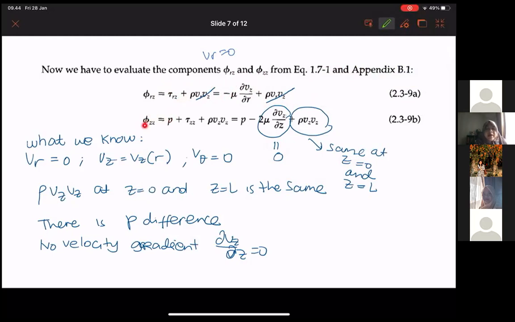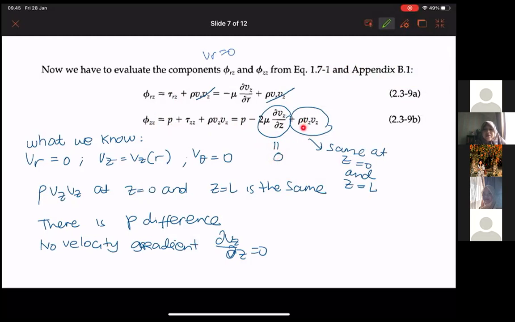Okay, and then the one over here, from Wednesday, we know that CZZ is equal to the pressure, and then tau ZZ plus rho VZ VZ. We know the P, and the P is a function of Z, so we don't eliminate the pressure. Then minus tau ZZ, which is minus rho dVz over dZ, and we know that there is no difference of velocity in the Z direction here, so it would be equal to 0.